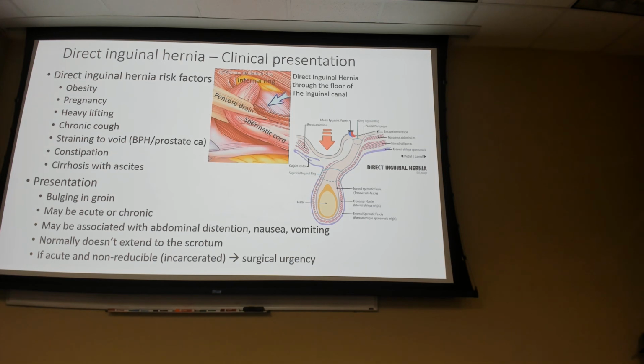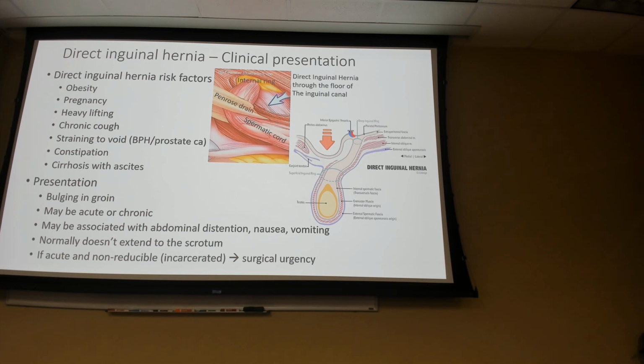All right, risk factors, obesity, anything that increases intra-abdominal pressure, so obesity, pregnancy, heavy lifting, the chronic cough. We see this a lot with our prostatitis patients, or those that have some sort of chronic prostatitis.